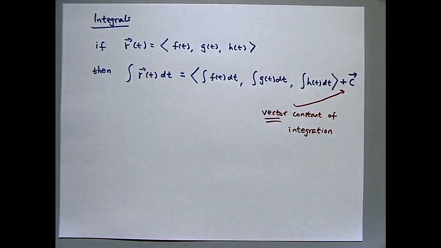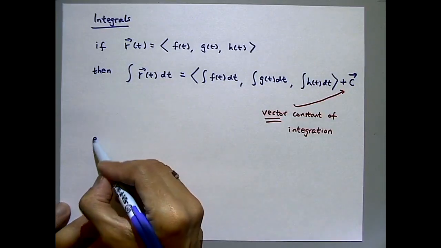It would disappear when you take the derivative of that. So when you integrate, you have to add it back on. But otherwise, it's treated exactly the same way as you would take the integral of a regular function.